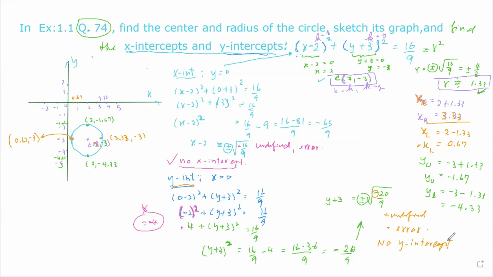And then you see from the graph and from our calculation for the x-intercept and y-intercept, both of them have no intercept. And the graph has shown already no intercept at the x-axis and no intercept at the y-axis. So then this one is correct. And our graph should be okay too.